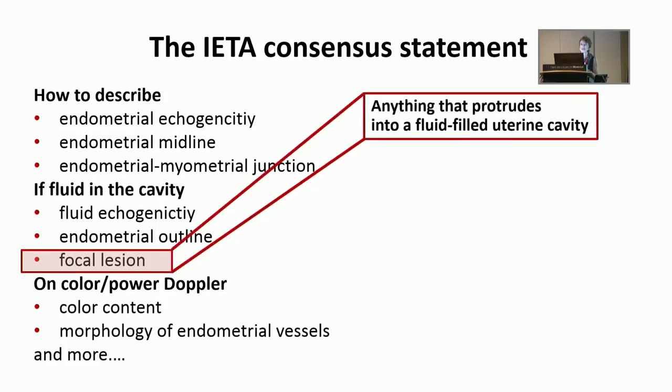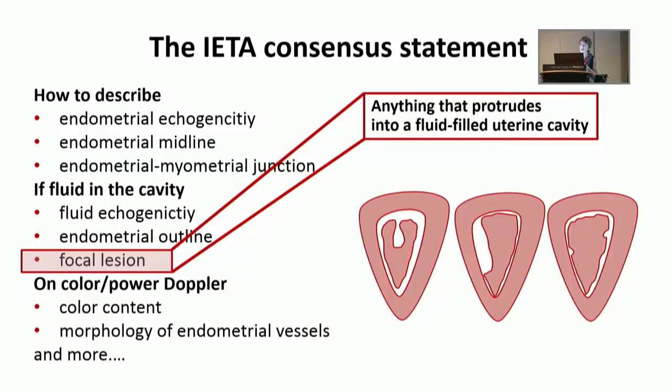A focal lesion in the uterine cavity is anything that protrudes into a fluid-filled uterine cavity above the endometrial baseline. So a focal lesion can be a polypoid lesion, it can be an area of thickened endometrium, or it can be just small blips protruding above the endometrial surface.